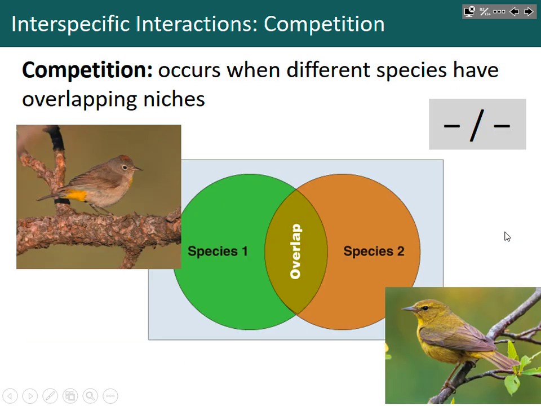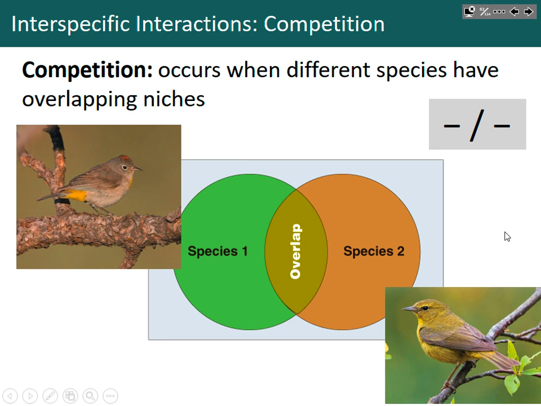So in this case, if we have 2 different species of warbler and their niches overlap a little bit there in the middle, in that overlap place, they're actually both negatively impacting each other because that's a place where they're competing over access to a food source or over access to nesting materials or something like that. When competition is occurring in this space, these 2 species are impacting each other.